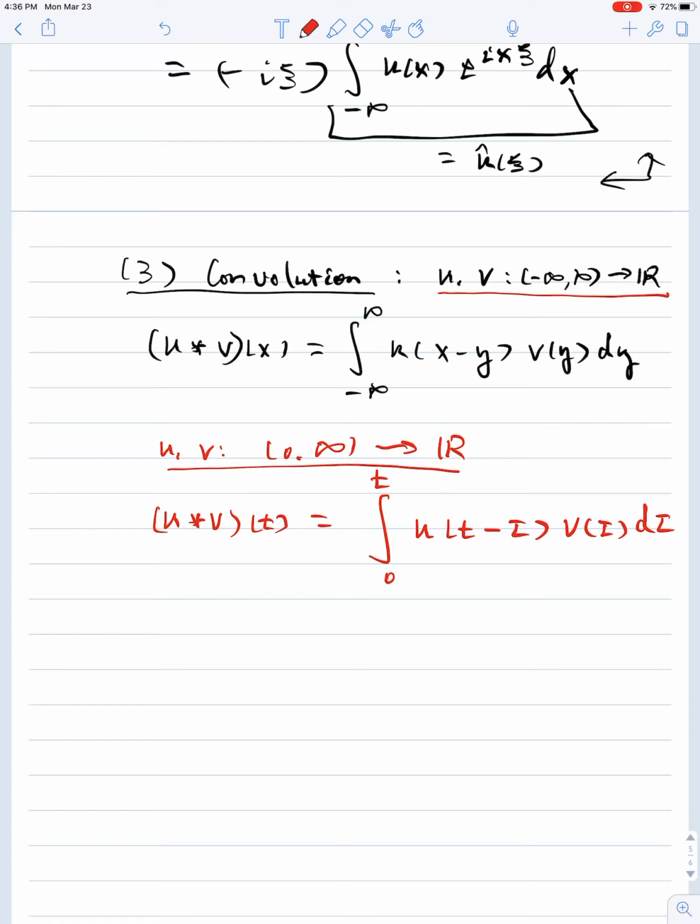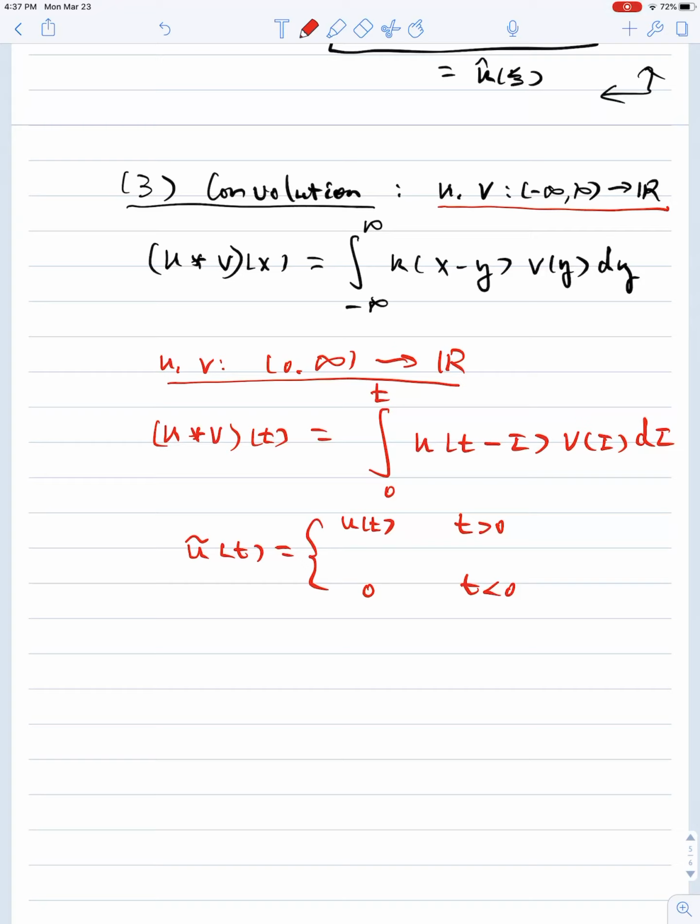If you extend u to a function defined on the whole real line, u(t) when t is greater than 0, and when t is less than 0 you extend it to 0, then the convolution of u tilde and v tilde at t defined by this definition is actually the same as the convolution defined by this formula.